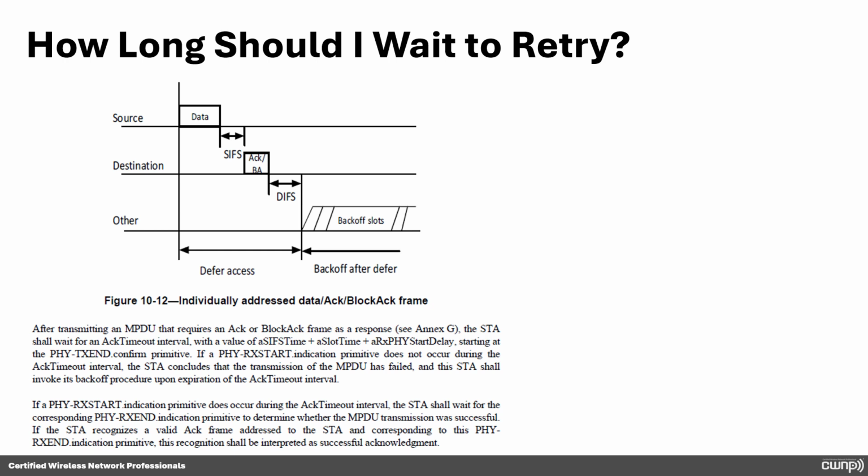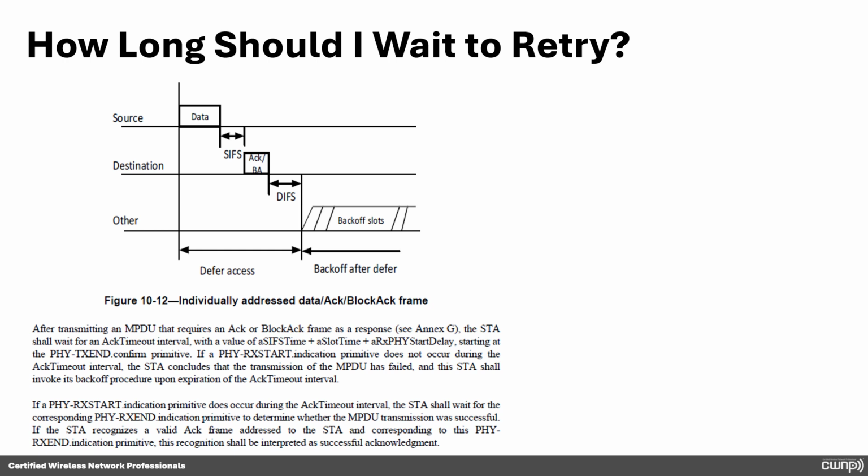clause 10, where it says, after transmitting an MPDU that requires an ACK or block ACK frame as a response, the station shall wait for an ACK timeout interval with a value of aSIFSTime plus aSlotTime plus aRxPHYStartDelay, starting at the PHY-TXEND.confirm primitive.